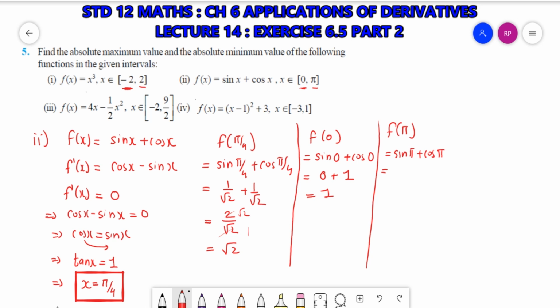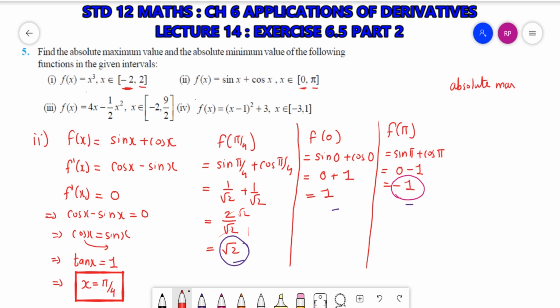Value of sin pi is 0, and value of cos pi is minus 1. So that is minus 1. So which is the maximum from root 2, 1 and minus 1? Root 2, that is 1.41. And which is the minimum? Minus 1. Okay.